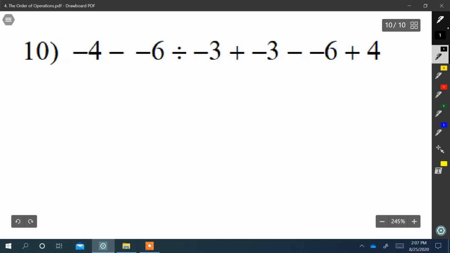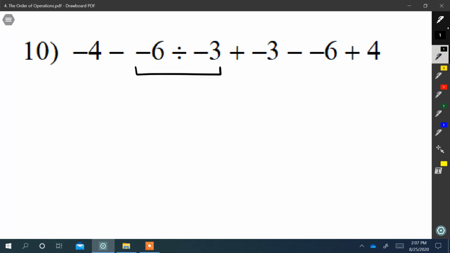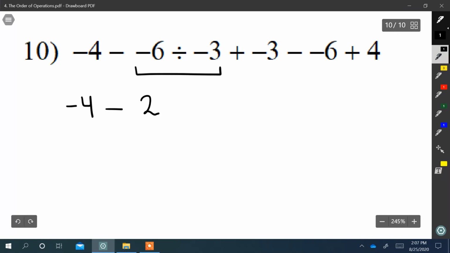This one looks a little bit complicated, but we know that the first thing we have to do is division. If you look at all those, you've got to do division first. So you've got negative 4 minus, okay, negative 6 divided by negative 3, that's going to be positive 2.